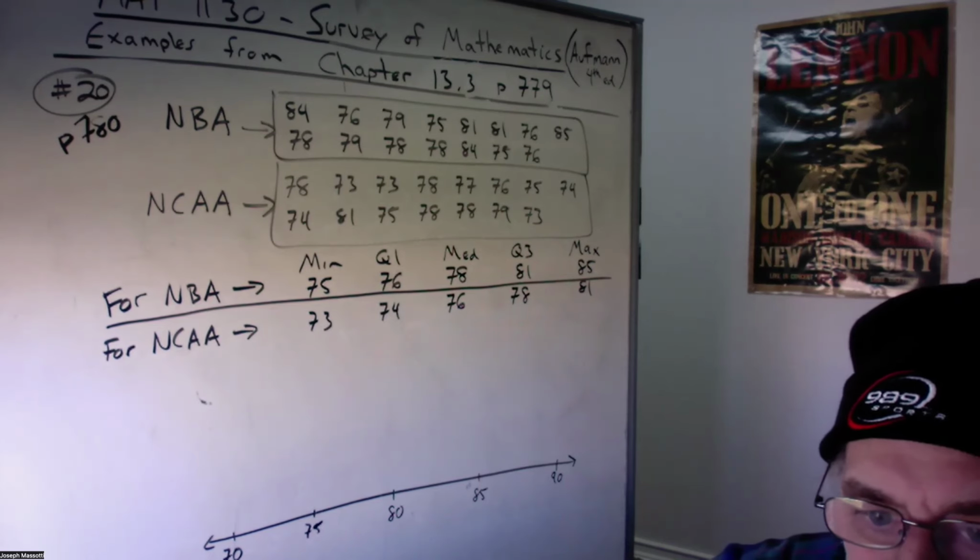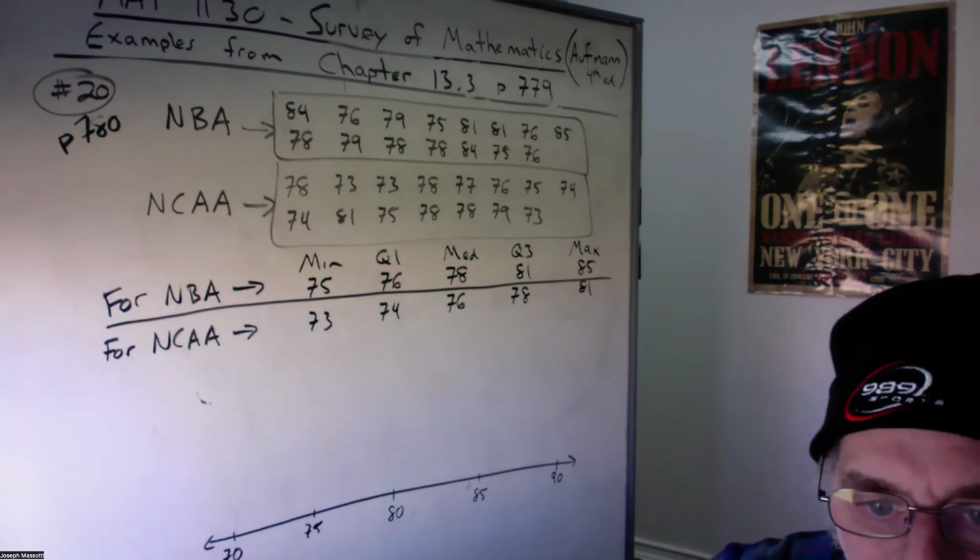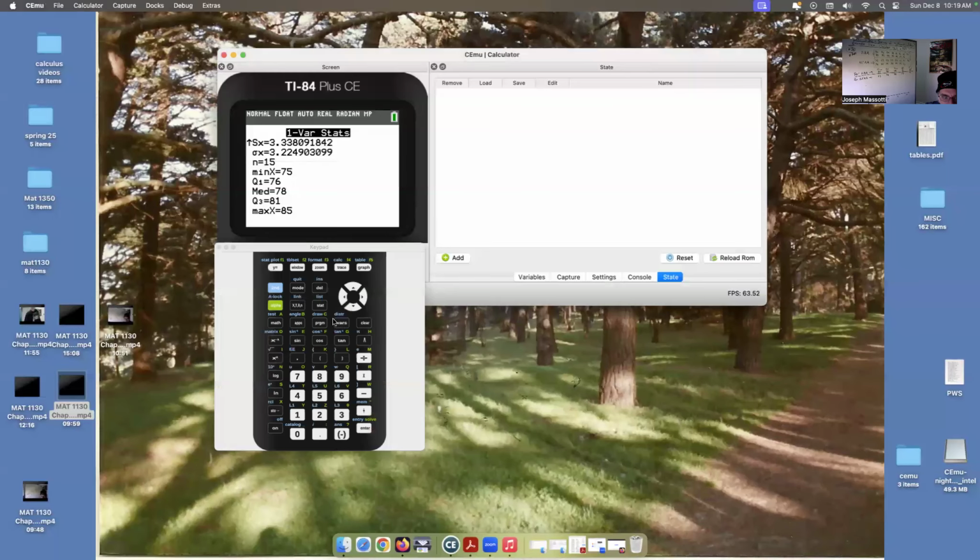And the 5-number summary for the NCAA data gives us 73, 74, 76, 78, and 81. Let's be sure of that. Go back to stat, calculate 1 variable, this time list 2, and we should get 73, 74, 76, 78, and 81.